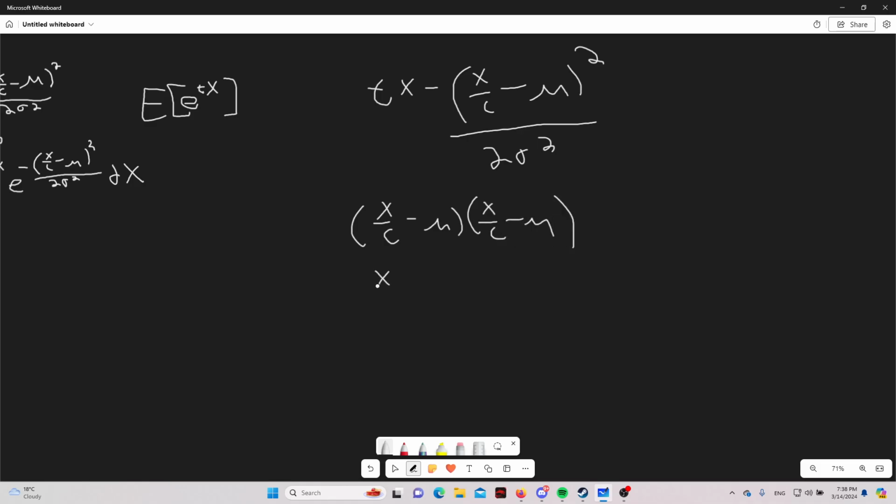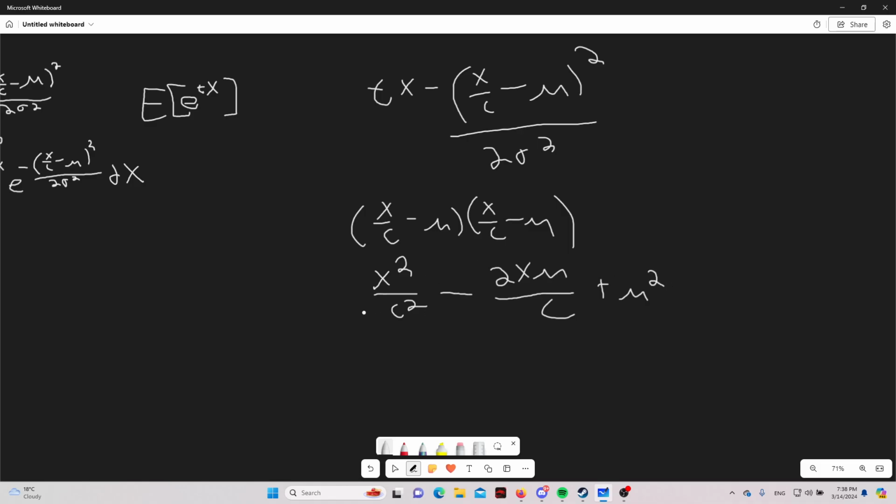So this will be x squared over c squared minus x over c times mu, negative mu times x over c. So this is 2x mu over c plus mu squared.